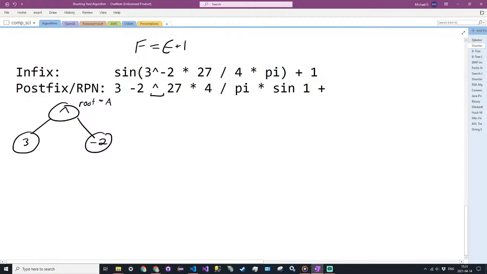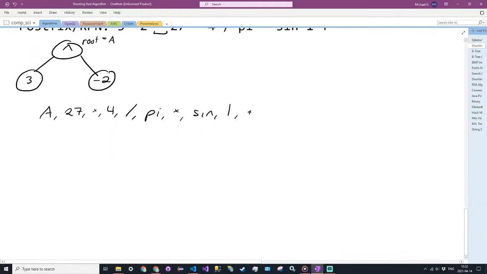As before, our queue becomes A, 27, times, 4, divided by, pi, times, sine, 1, plus. And then the same thing. So A and 27, we link using a multiplication sign.